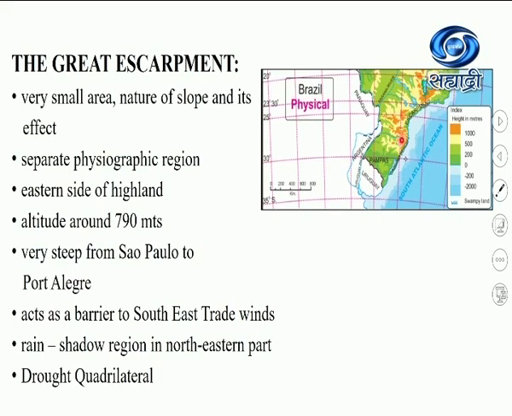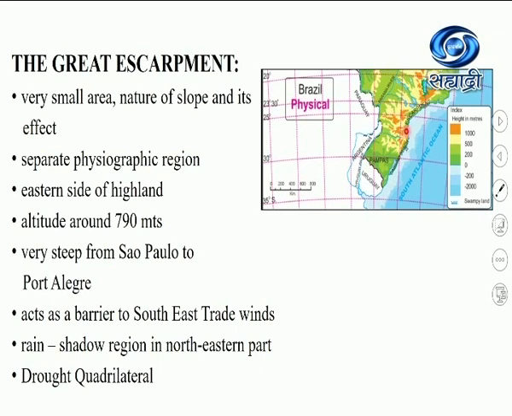Although this escarpment is not very huge, it's a very small area, but because of the nature of the slope and the effect of the climate it gives to the entire Brazilian region, it becomes a separate physiographic region. It lies to the eastern side of the highland. The altitude is just 790 meters. The height of this escarpment, which lies to the eastern side, is just 790 meters.